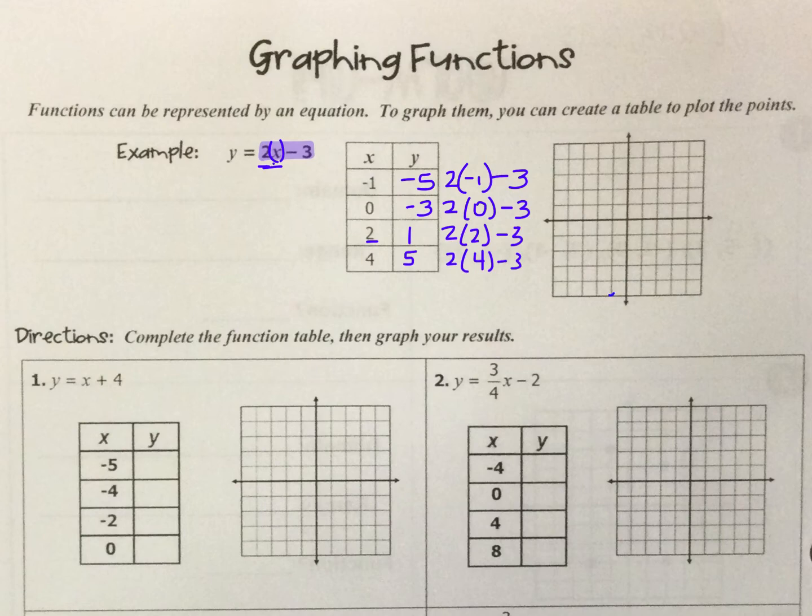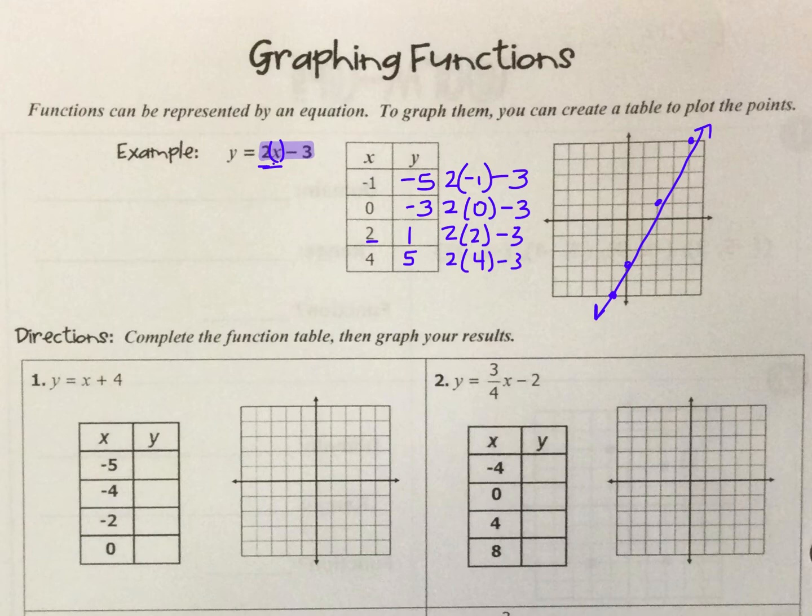Left 1 down 5 for the first point, 0 down 3 for the second point, and 2, 1 for the third, and 4, 5. And then I just draw my line.